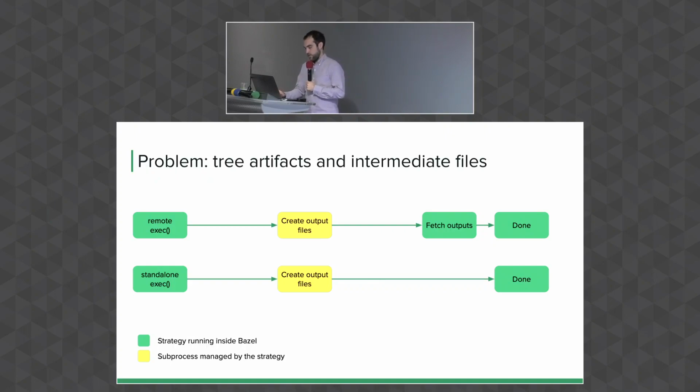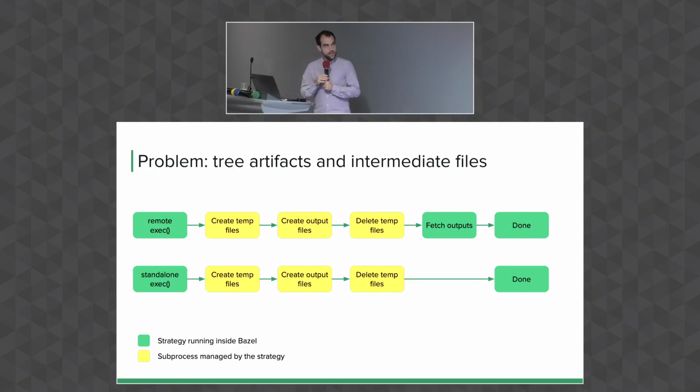But what happens if your tool is creating more files than it should, right? We have seen this, of course, otherwise I wouldn't be talking about it. You have a wrapper tool that invokes some other thing, and as part of the process, you create a ton of temporary files in your output directory.